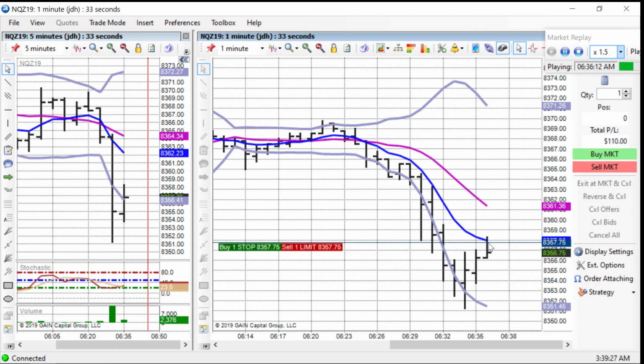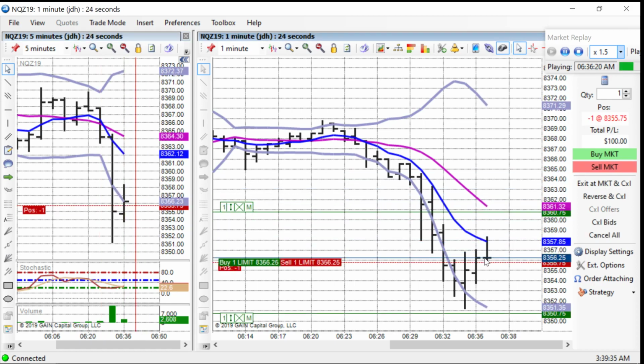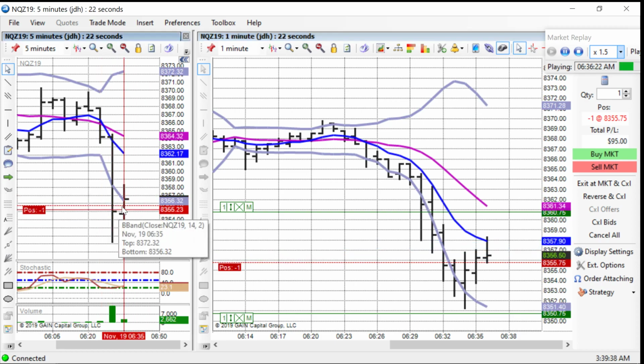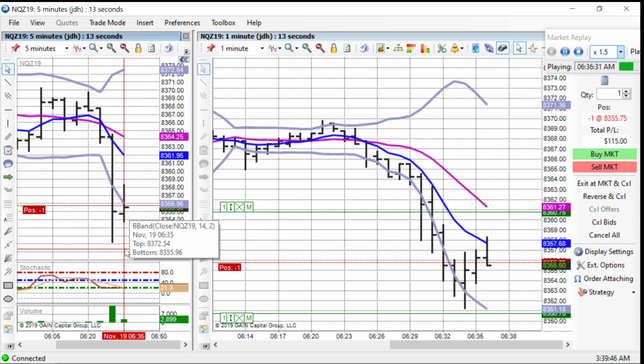So I'm waiting for it to touch the ADMA line. I'm waiting for, there we go, thrust down through the previous close, and that approximately matches the 5-minute chart, the bar falling back through the outer Bollinger Band here.